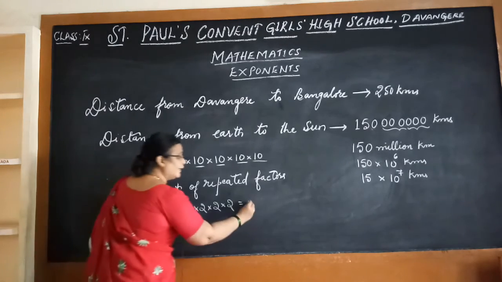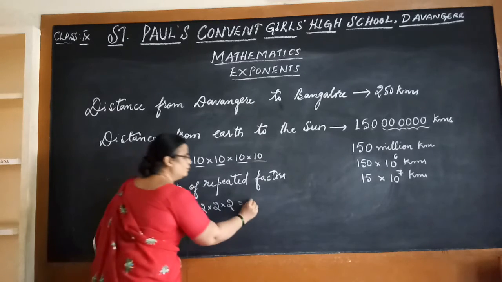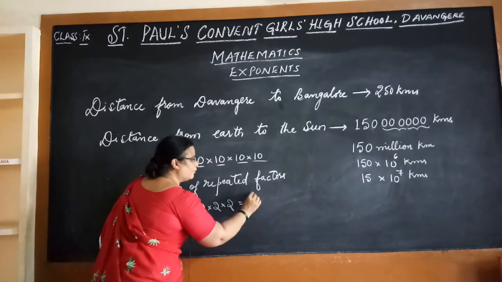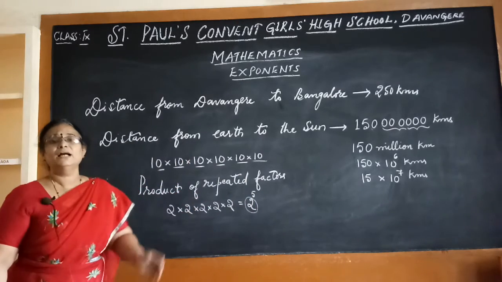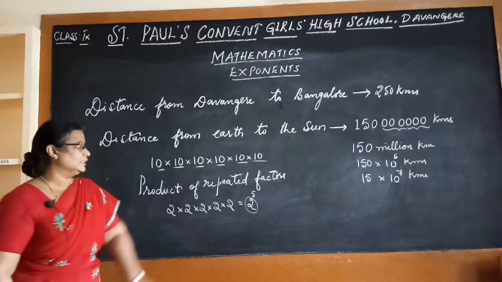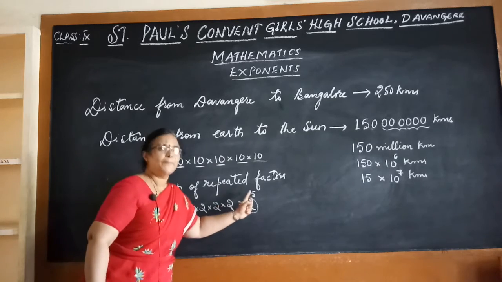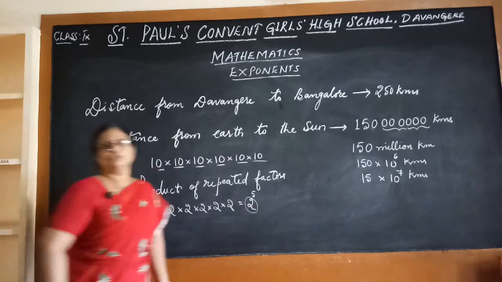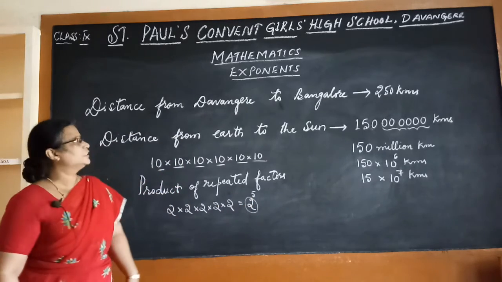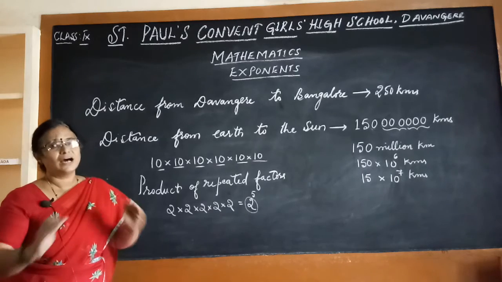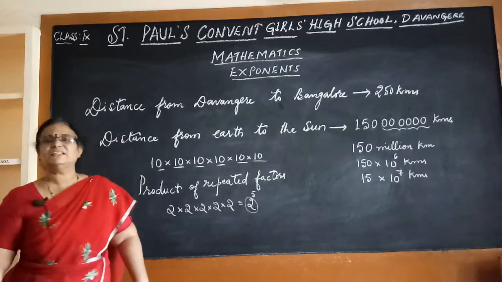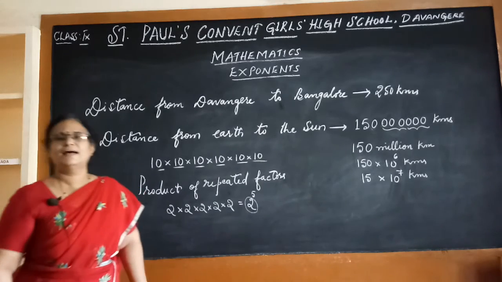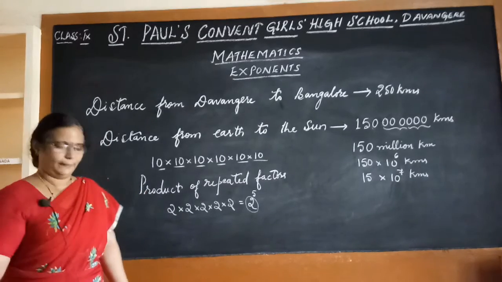So I can write this in a shorter form, 2 to the power of 5. 2 is the base, which is the repeated factor, and 5 is how many times it is repeated. We call it the power of the base. So this is called exponents: writing the larger form into the shortest form, or the product of repeated factors.